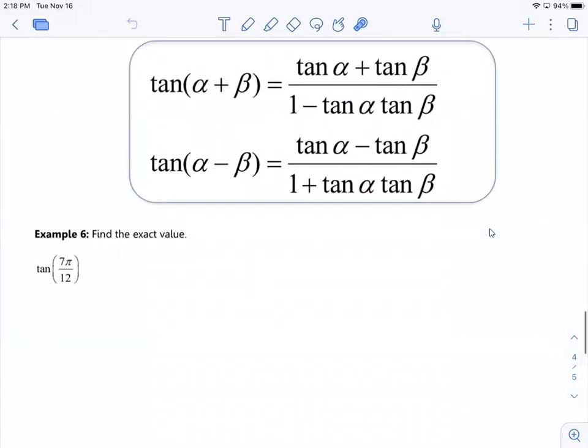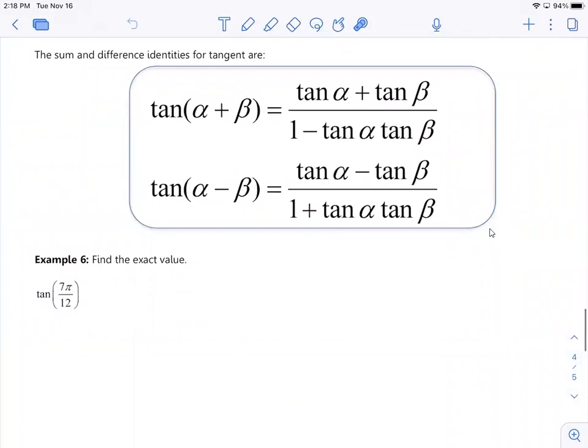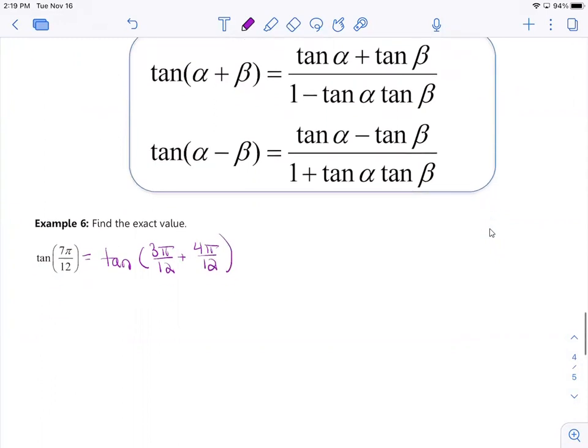So again, half the battle is just choosing two things that are on your unit circle. So 7 pi over 12, I can break up into 3 pi over 12 plus 4 pi over 12. Then I can reduce that.